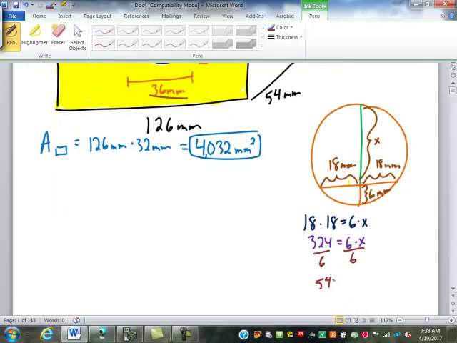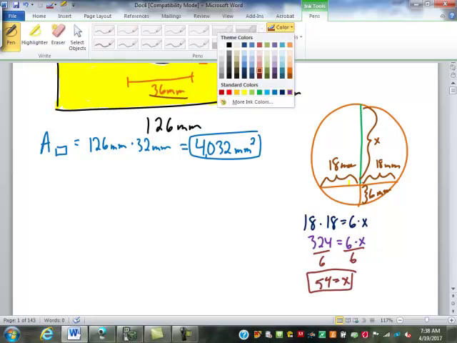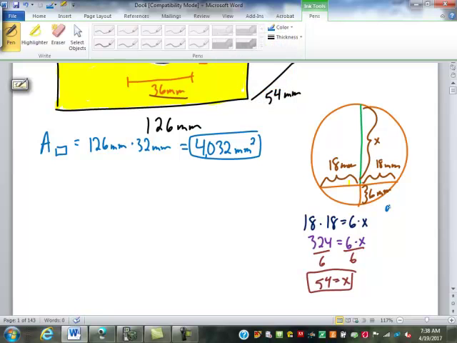We get 54 equals X. So X equals 54, which tells us about our drawing here that the diameter is what? 60. Good. 54 plus 6 is 60 millimeters. Therefore, the radius is 30 millimeters. So I'm going to draw that in here. That's 30 and 30.